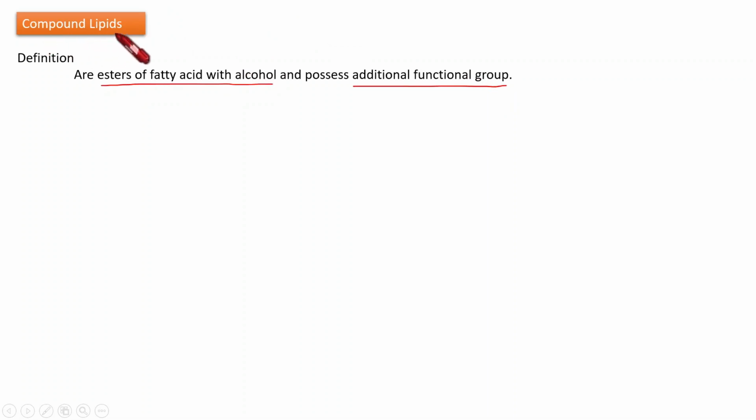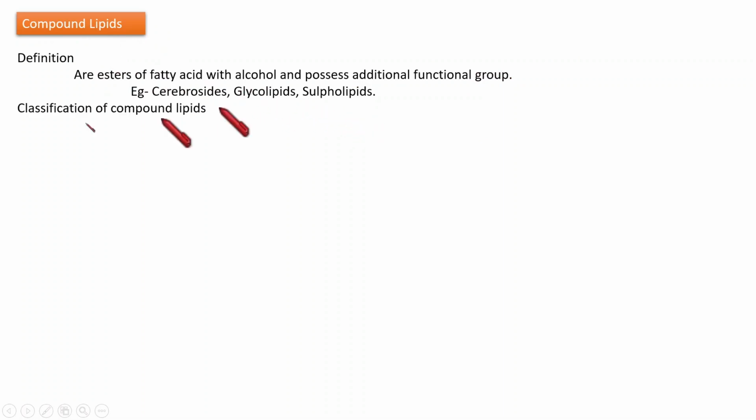So compound lipids are, again, esters of fatty acids and alcohol, and they possess some additional functional group. Some examples for compound lipids are cerebrosides, glycolipids, sulfolipids, etc.